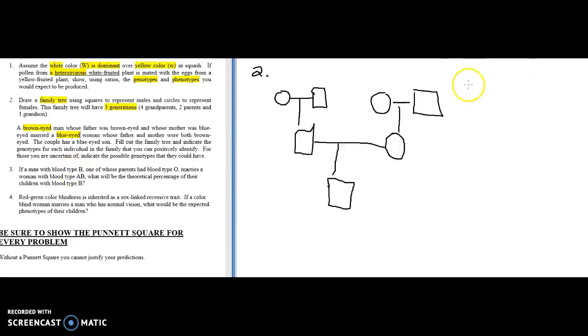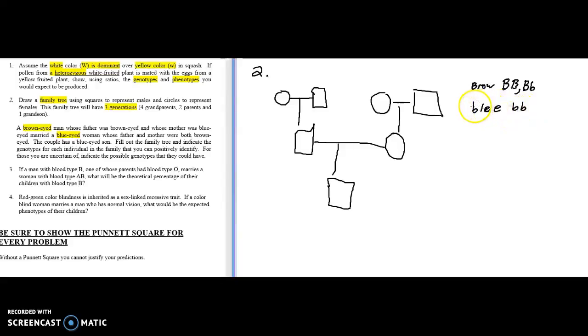Brown eyes, you can have big B, big B, or big B, little b, homozygous, heterozygous. But blue-eyed individuals are always recessive, little b's.